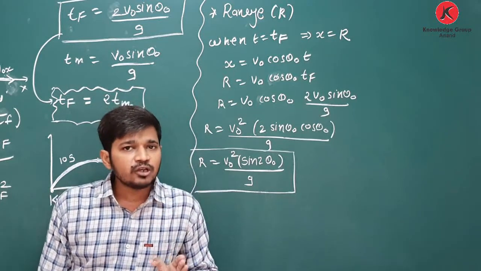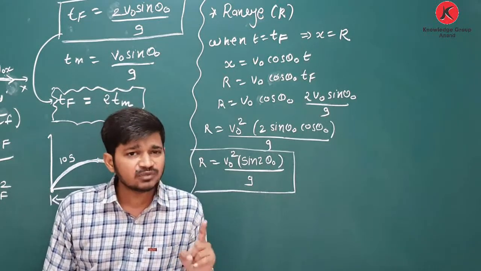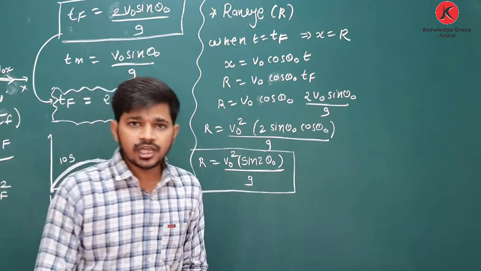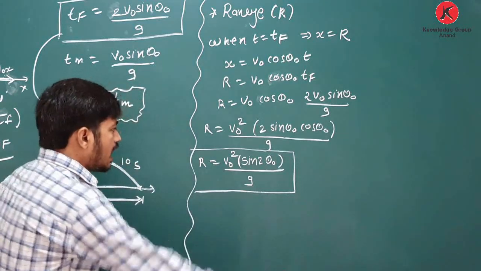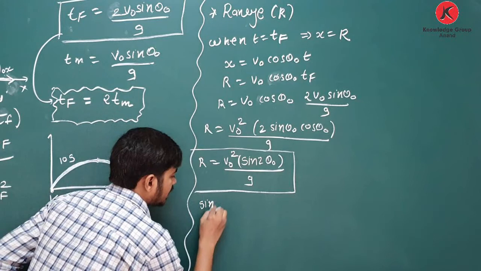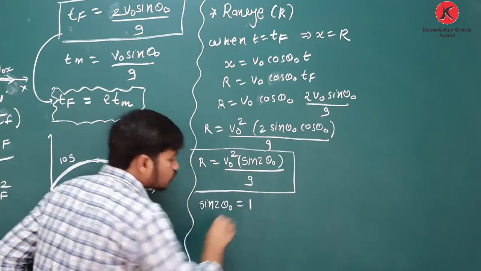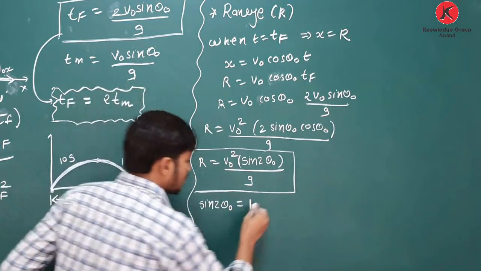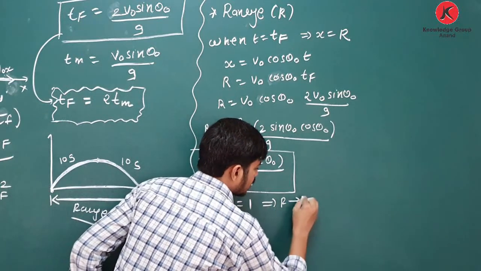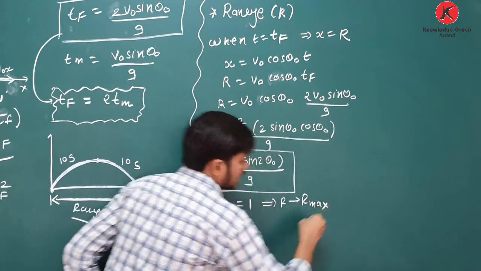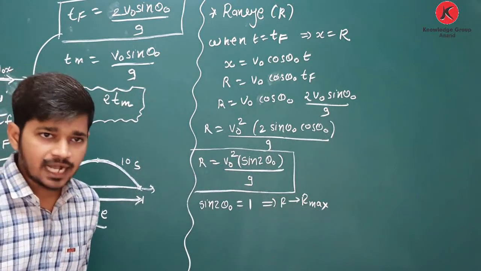What is the maximum value of sine? It is 1. So if I take sin 2 theta 0 equal to 1, its maximum value, then this range will become maximum. That is R maximum.